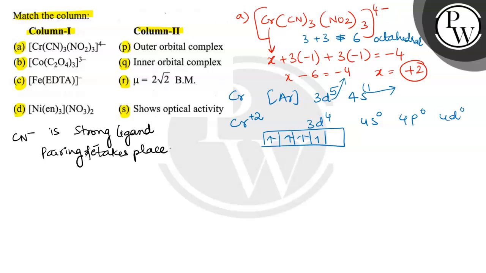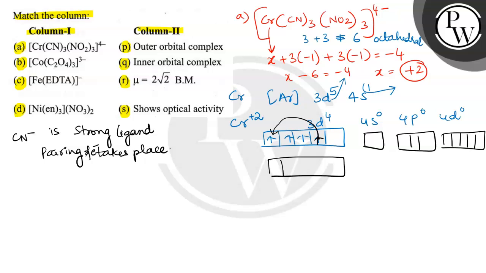CN minus is a strong ligand. So actually, how many d orbitals does it require? S orbital, p orbitals 3, and in the outermost, d orbitals are also available, right? So as the ligand is strong, this electron is paired up with the first one. Only one electron is going to pair here because it requires only 2 d orbitals for d2sp3 hybridization.